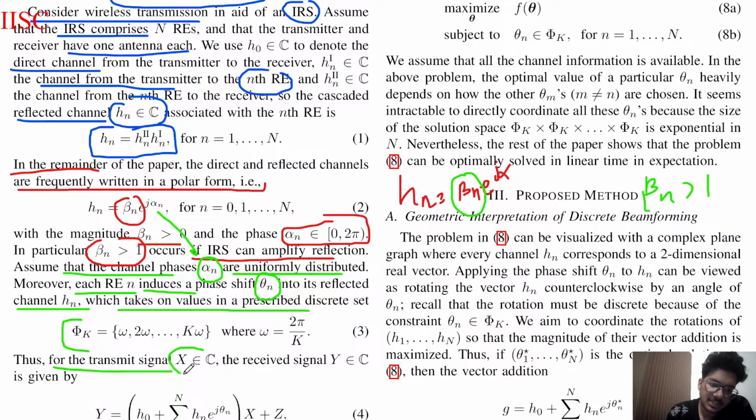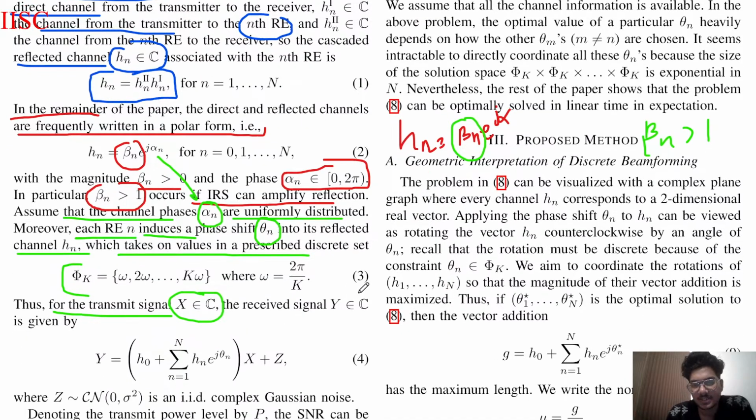The transmitted signal is a complex number, and the received signal is also a complex number.